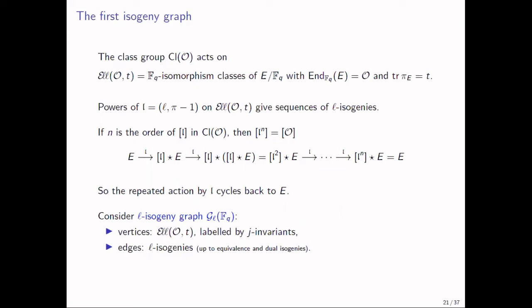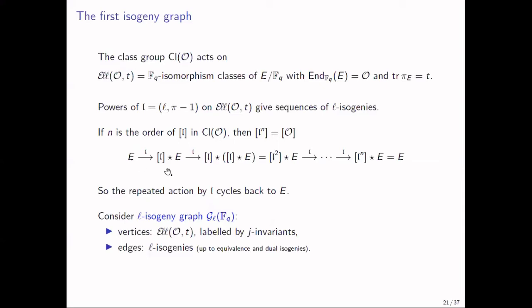And right, so if we have an ideal generated by prime l and pi minus 1, you can ask what happens if you act by this ideal repeatedly.